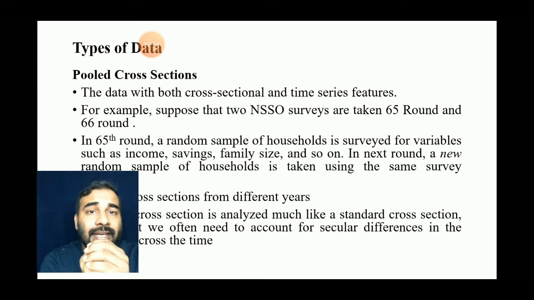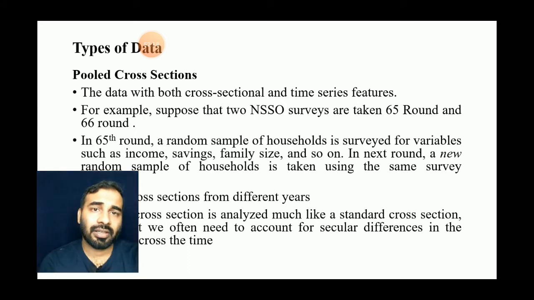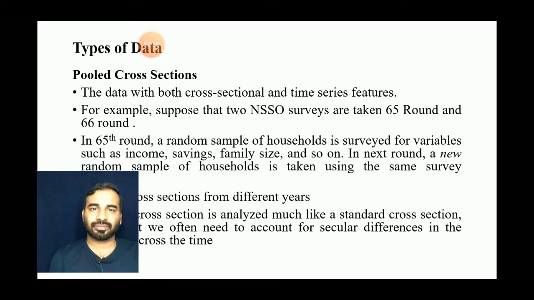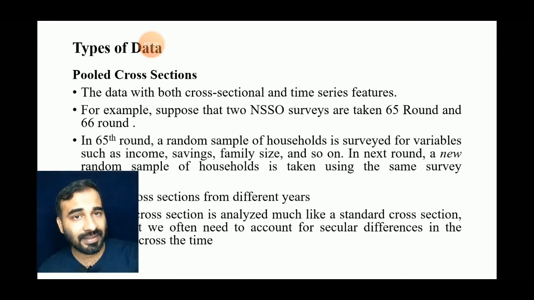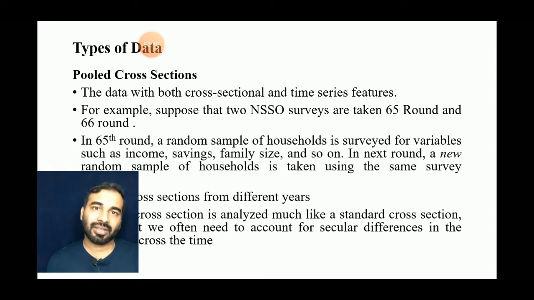In the 65th round, they collected data, 10,000 observations from different states, on variables like income, saving, family size and so on. In the 66th, they do the same analysis, but the units may differ.